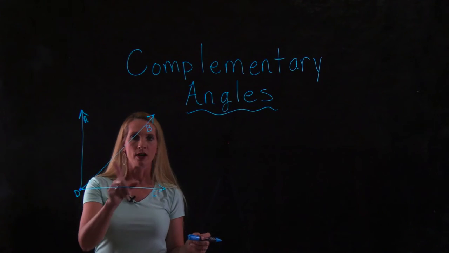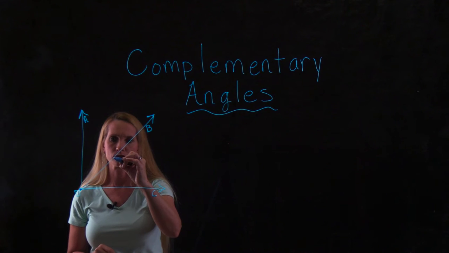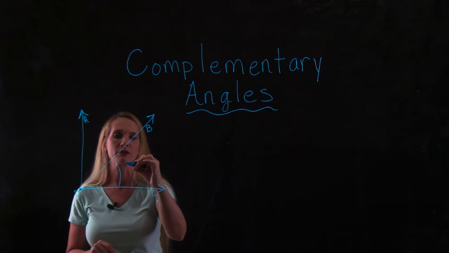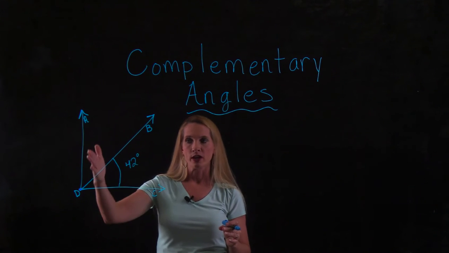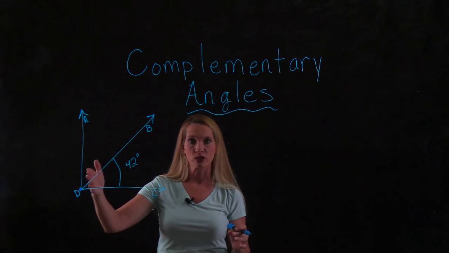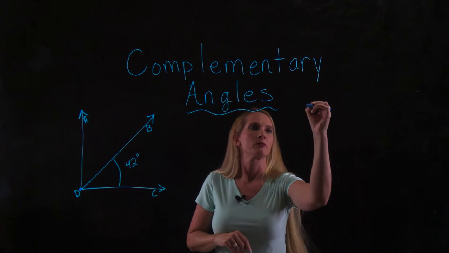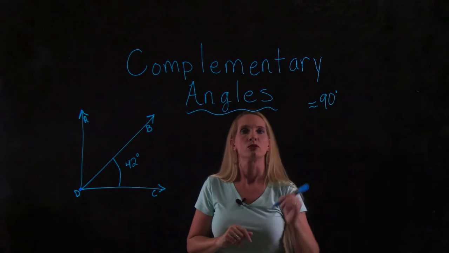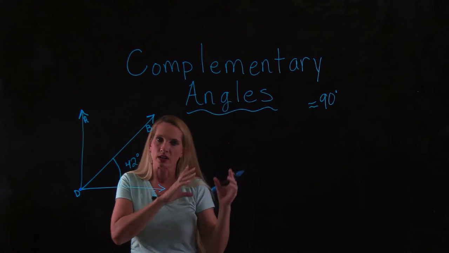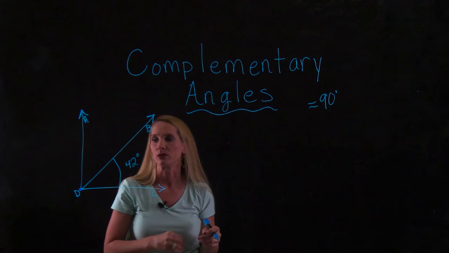If we've got this angle here, and it looks like a smaller angle, we're going to say this one is maybe 42 degrees. We know that our complementary angles must equal 90, so I'm going to put that up here. It must equal a 90-degree angle. That helps you remember that complementary angles must equal 90.